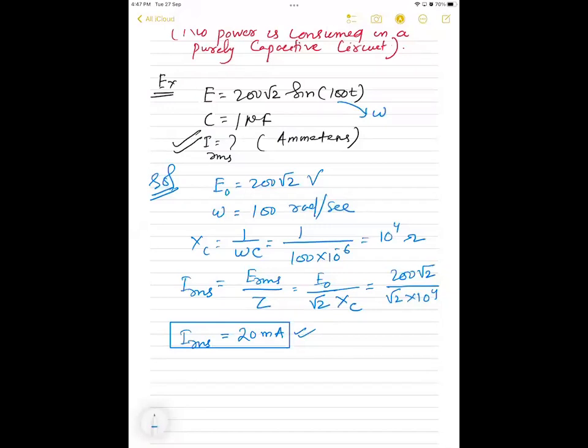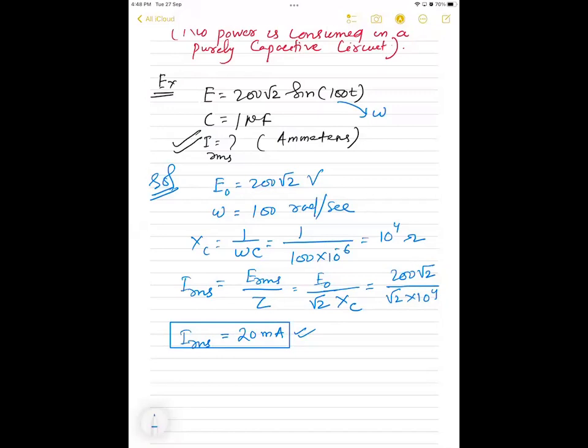Next, let's see AC through LR series circuit, okay? We'll see LR, we'll see RC, then we'll see LC, then we'll see the LCR, right? Now you got AC through inductor, AC through capacitor, AC through capacitor and resistor, right? Individually we saw all.